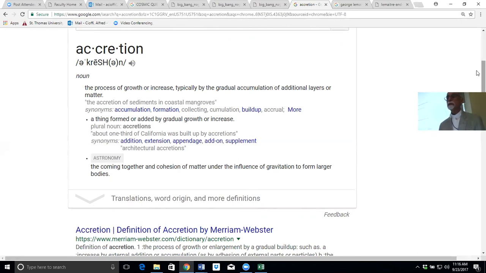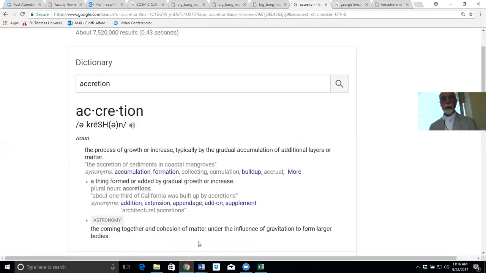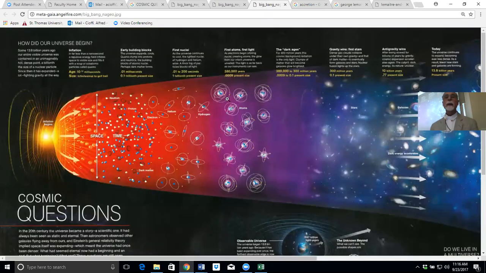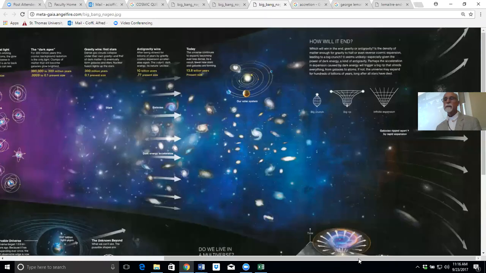That for us, meaning planet Earth, happened about 4.5 billion years ago. So that would put us about 9 billion years after the Big Bang, somewhere around here. Okay. So we pretty much began with the beginning of the galaxies. Makes sense?